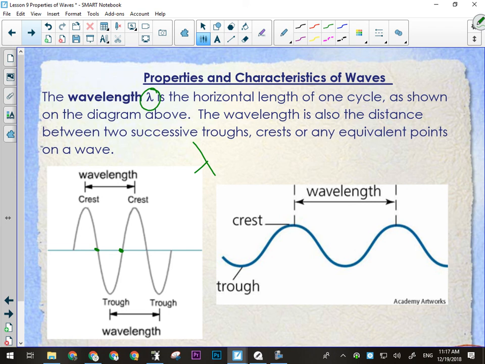They're successive, but they're not equal. In this position here, the wave is moving towards equilibrium from an upward position; here it's moving towards equilibrium from a downward position. So this would be the next successive equal point, and thus this is one full wavelength. Everybody follow me there?